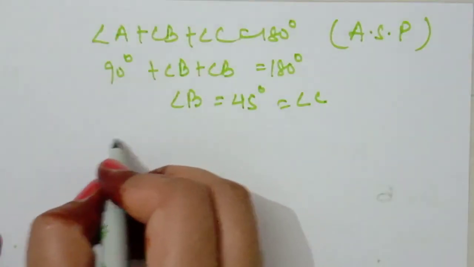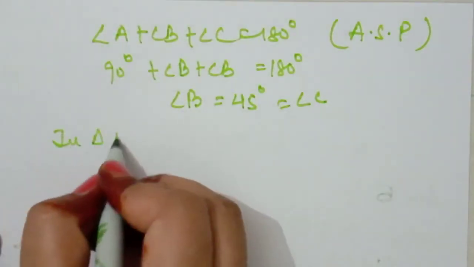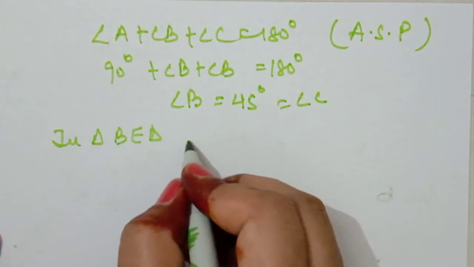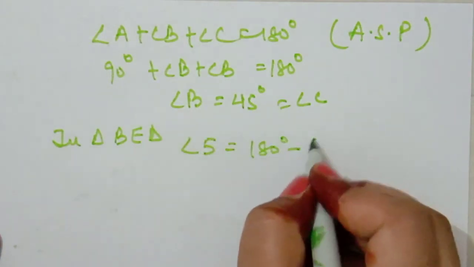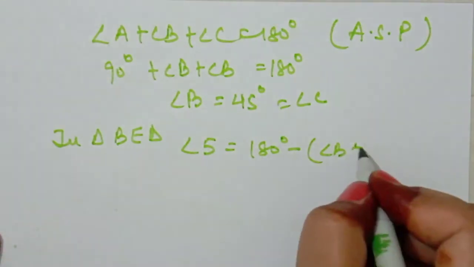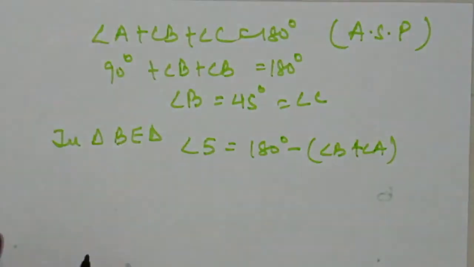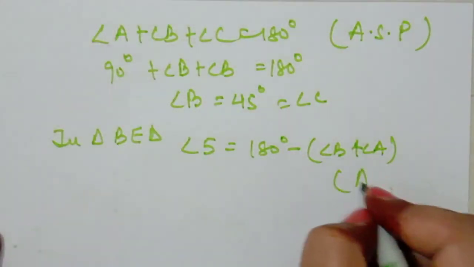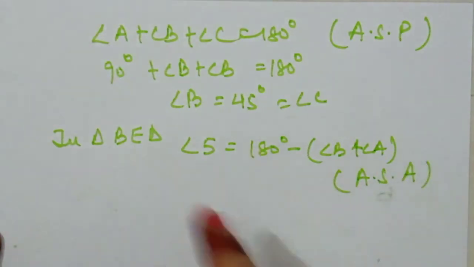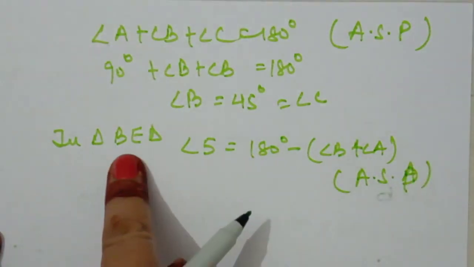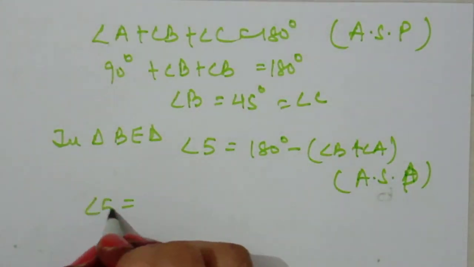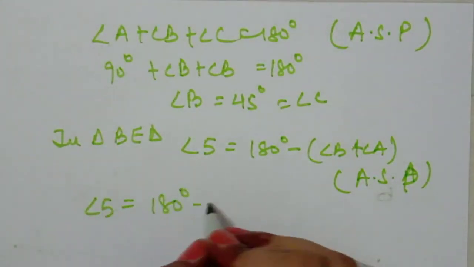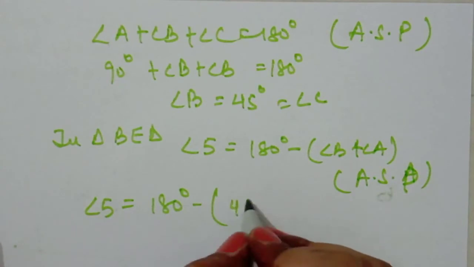So we know it very well that in triangle BED, angle 5 is equal to 180 degrees minus the sum of angle B and angle A. Why? By angle sum property. We have to apply angle sum property in triangle BED. Now we know the values of angle A and B, so we have to put them here.